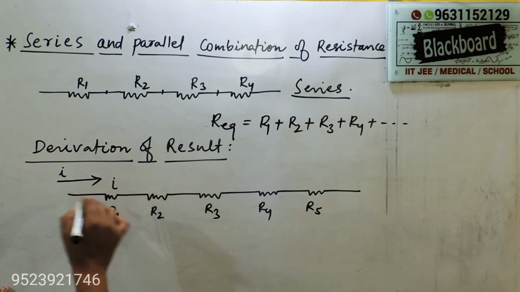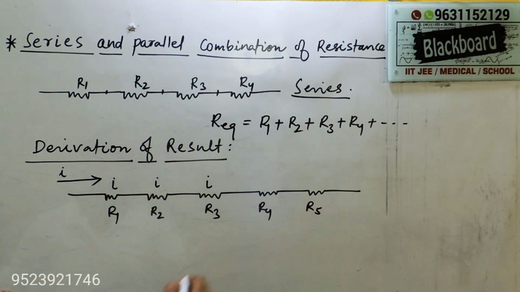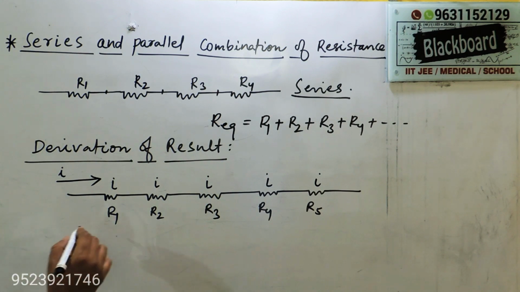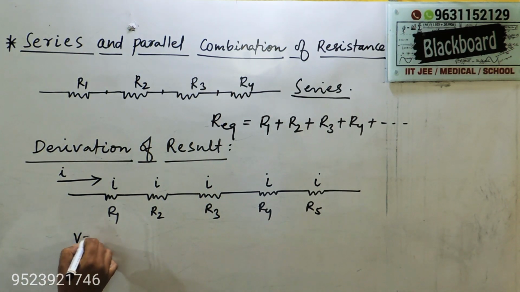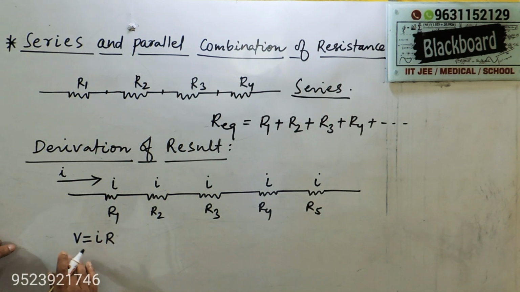Current is I here, I amount of current is flowing from here, from here, and from here. And we know that from Ohm's law V equals IR. That means here the potential is V1, and V1 equals IR1.